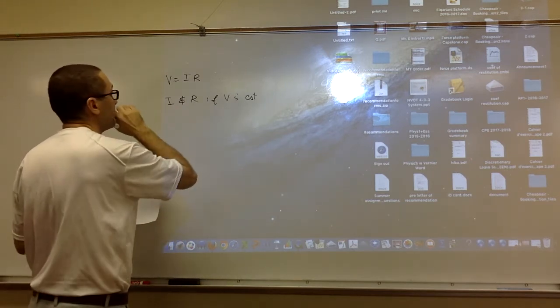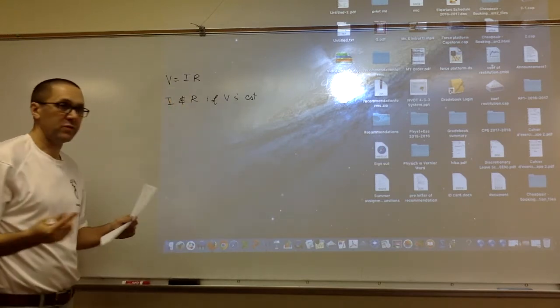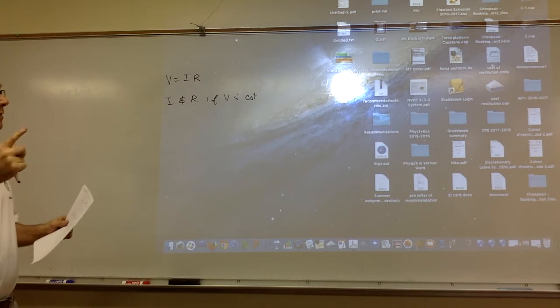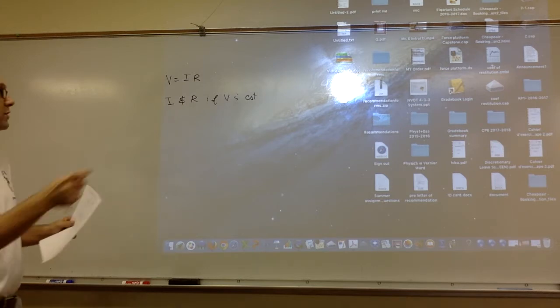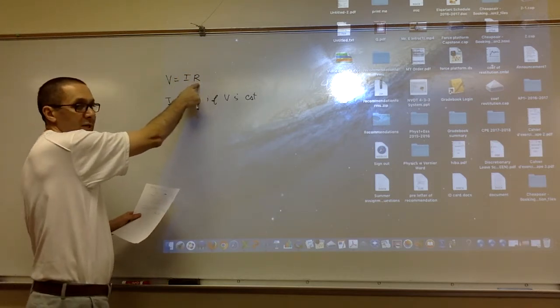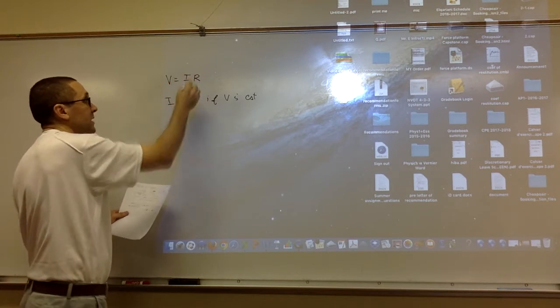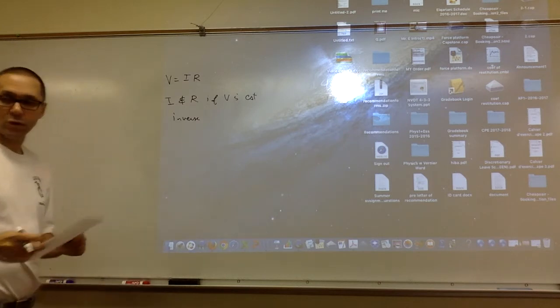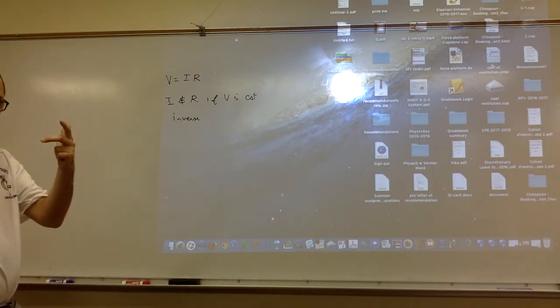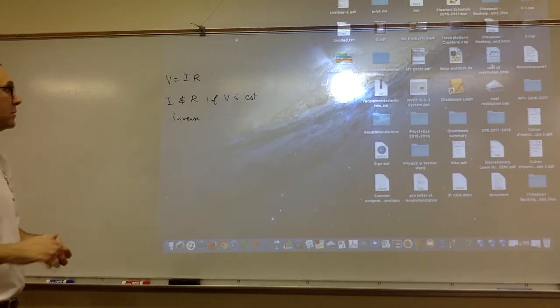All right, so if V is constant, I and R have to vary inversely, because if I goes up, R has to go down by the same factor, in other words. So if I doubles, this has to be cut in half. If this is 4 times as much, this is 1/4. So this is an inverse relationship. That's what we call an inverse. So if one goes up by a certain factor, the other one will drop by the same factor.